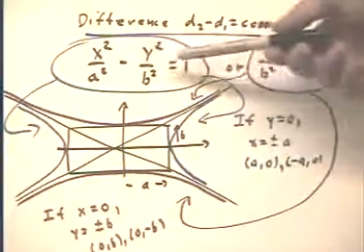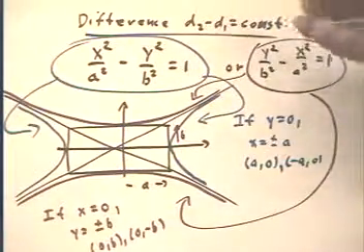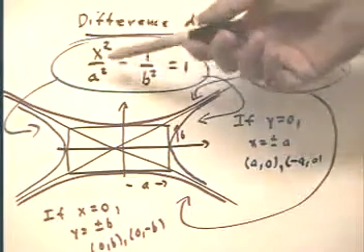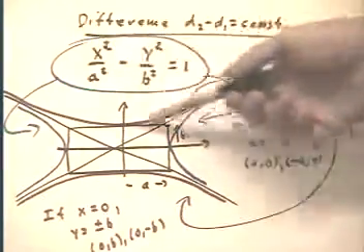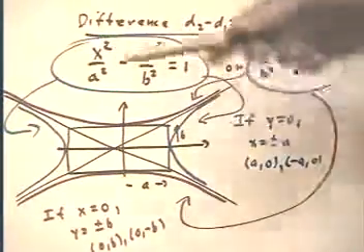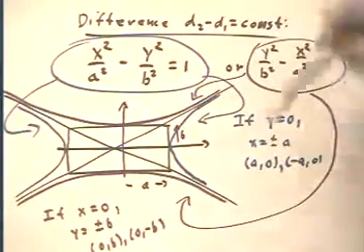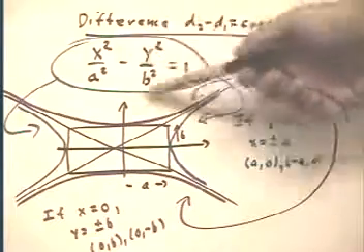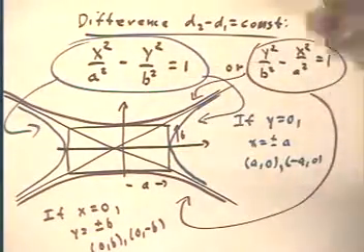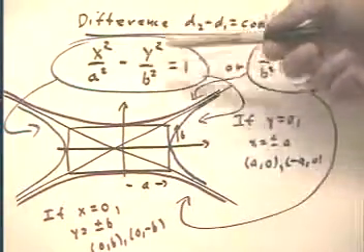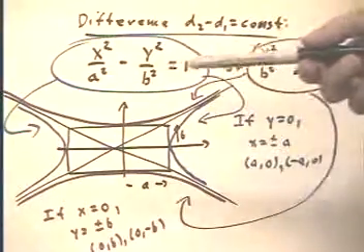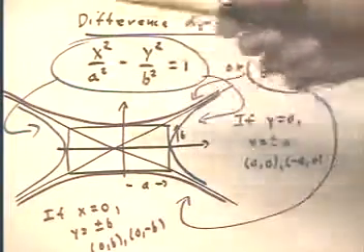Can a negative number ever equal 1? No. So if it was possible to get a point x, y satisfying this equation such that x was 0, you'd have a contradiction. You'd have a negative equal to 1, and it can't be. So there's no x, y that satisfies this equation for which x equals 0.